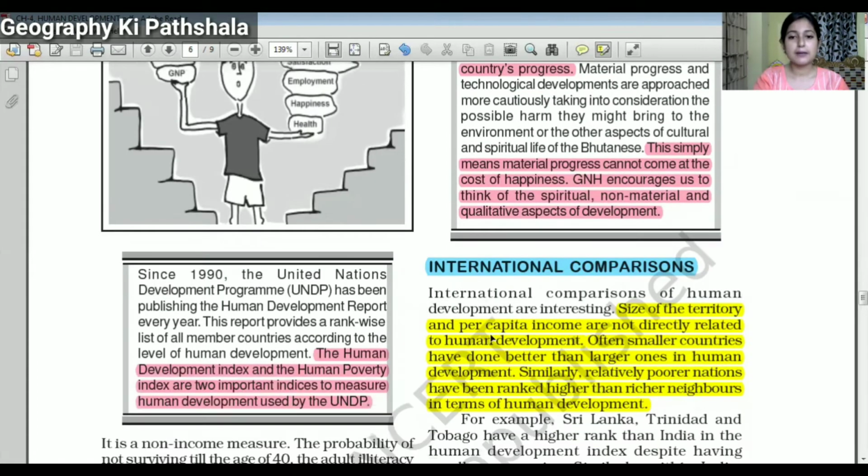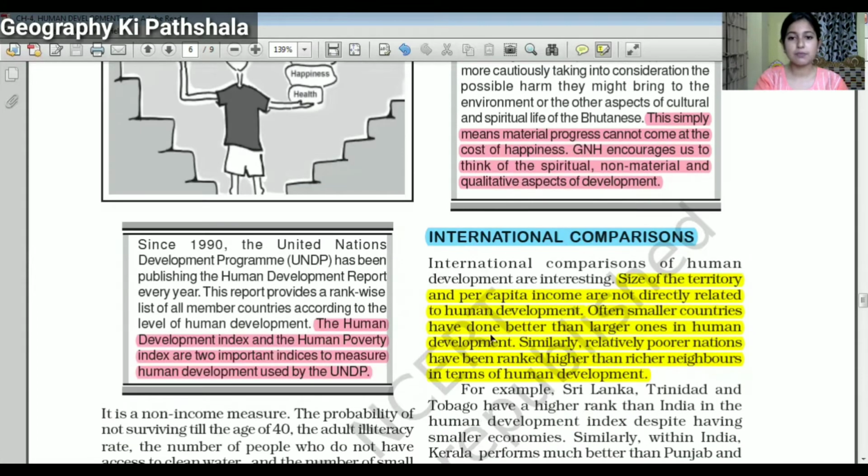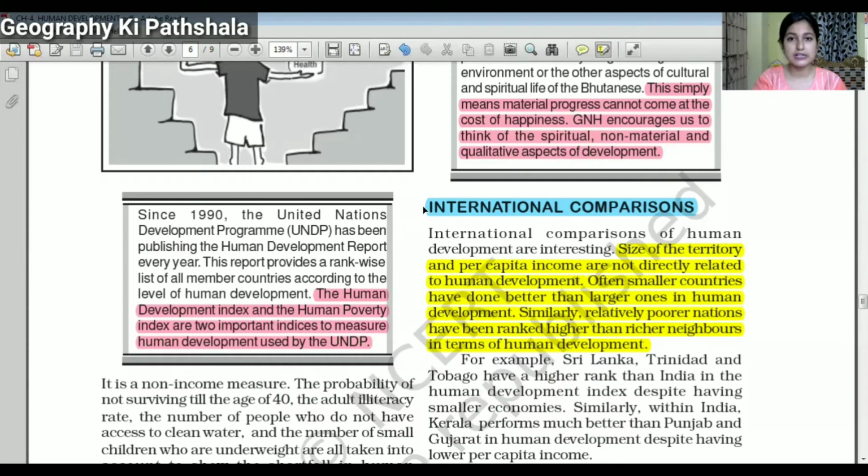By completing this measuring of human development, the next point we are going to start is international comparisons. When you compare the HDI value internationally, some interesting facts come out.